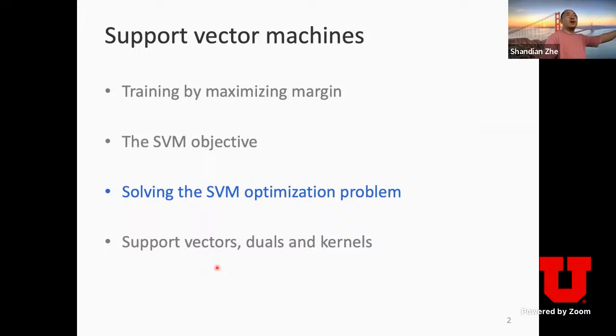So that means the larger the margin used to select this set of linear classifiers, the smaller the VC dimension. That's why we directly derive this learning principle. That is, we want to maximize margin, right? And from that, we formulate the SVM objective, right?